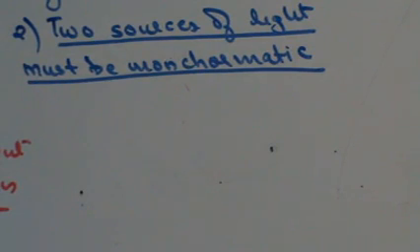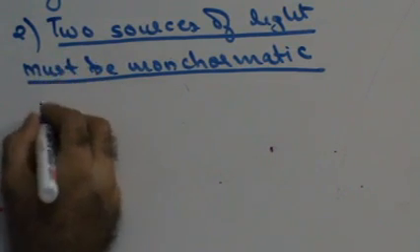A white source of light is made up of 7 colors which have different wavelength. And since they have different wavelength, they would have different phases, and I would not get a steady state interference. Hence, it is very important for me to use two sources of light which are monochromatic in nature. They are made up of single color so that both of them have the same wavelength. Right? Do we get this thing here?